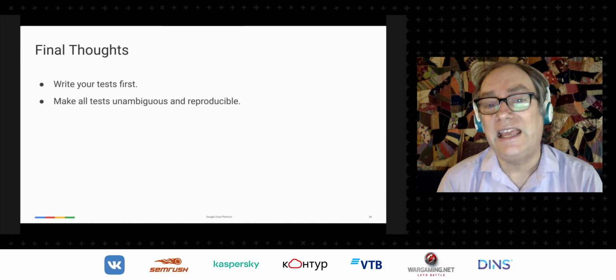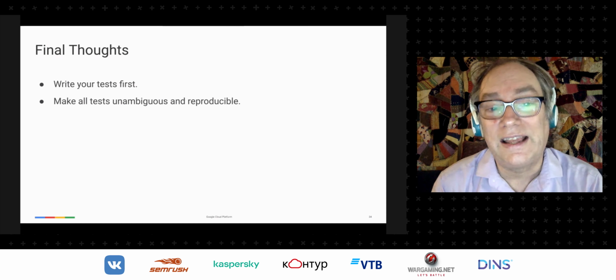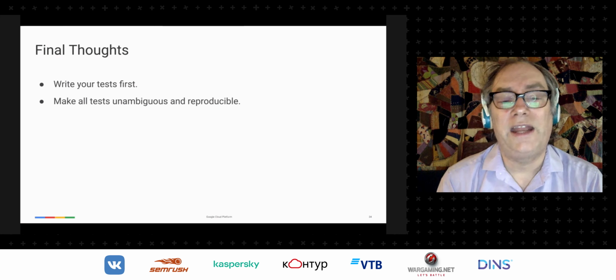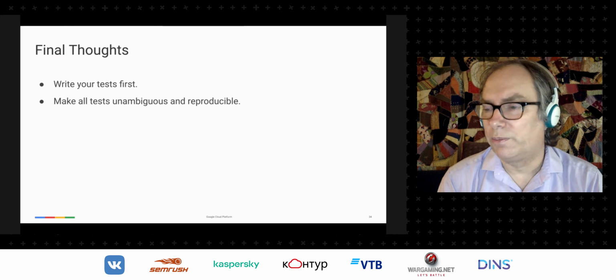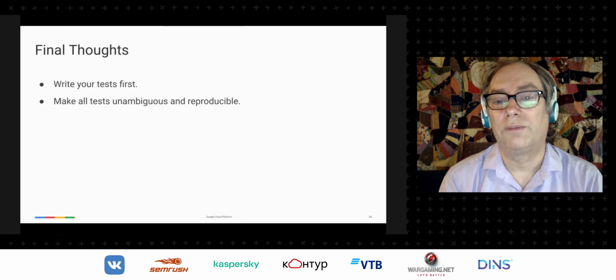Test-driven development is a silver bullet for software development. It's closer to that than anything else I've ever seen, and more decades of doing this than I care to admit. So write your tests first, make the results automated, make them unambiguous, make them reproducible, and you will have a much more pleasant experience with your code.